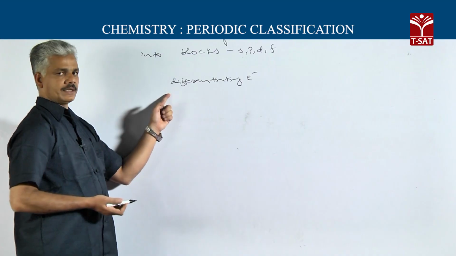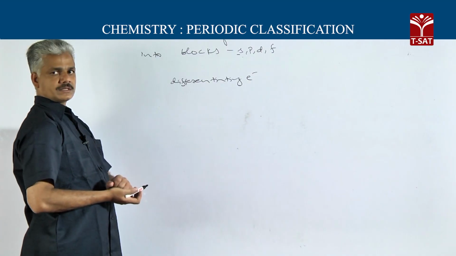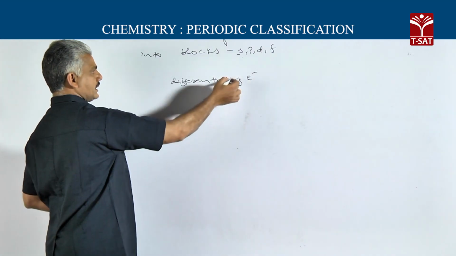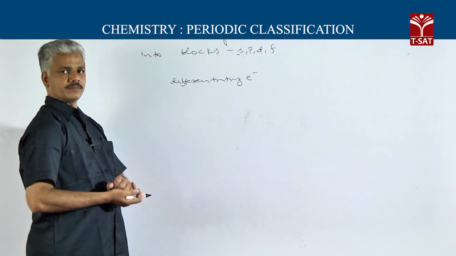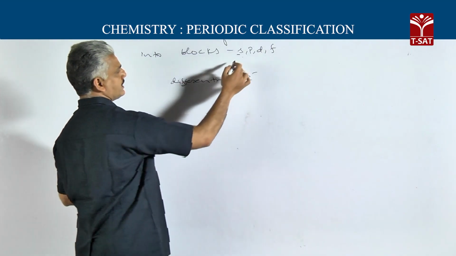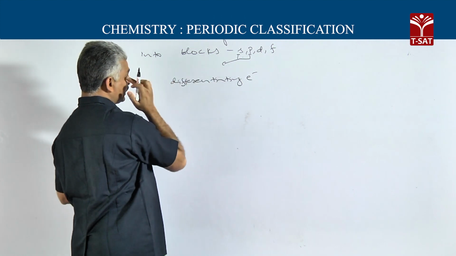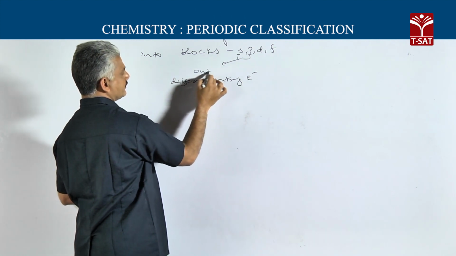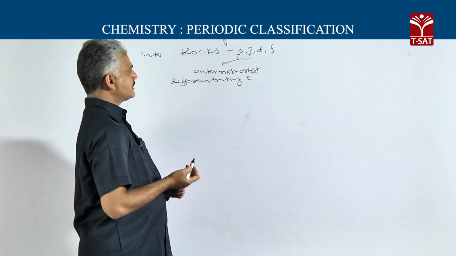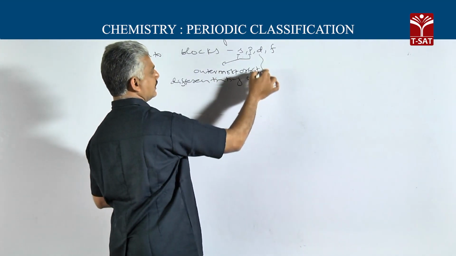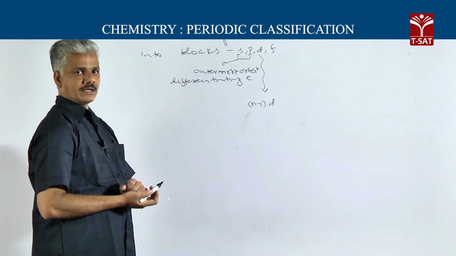If the differentiating electron is present in the outermost S sublevel, they are called S block elements. If the differentiating electron is present in the outermost P sublevel, they are called P block elements. So, S and P blocks involve the position of the differentiating electron in the outermost orbit, whereas in case of D block, the basis is the position of the differentiating electron in the penultimate D sublevel.